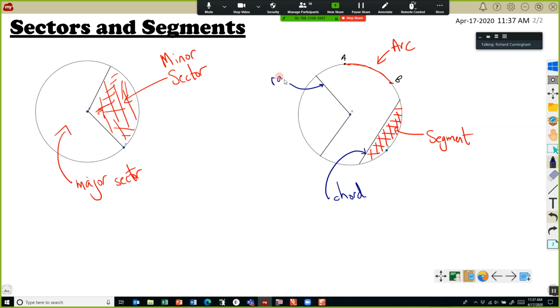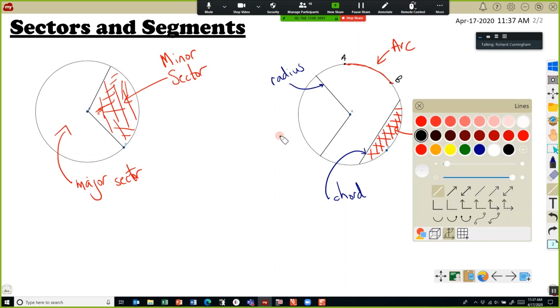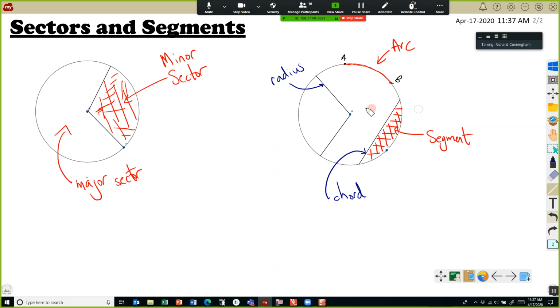And just to be clear, just in case, because some of you mentioned it, the tangent touches the circle how many times? Yeah, once. Okay, so that is not a tangent. That is a tangent because it touches the circle once. Okay, but we are going to look specifically at arcs and sectors and segments today.